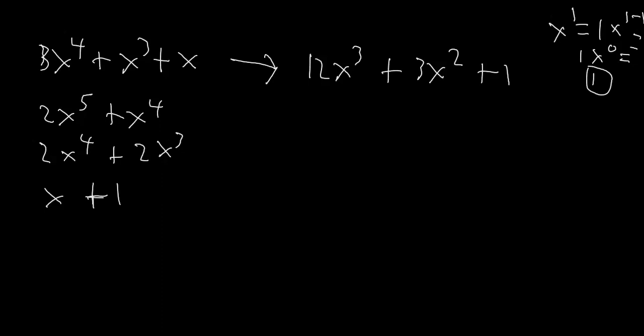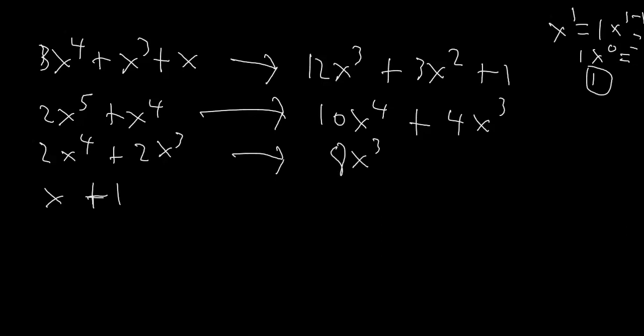And for this equation here, we just applied the power rule, right? 5 times 2 is just 10. 5 minus 1 is just 4. So this is 10x to the fourth power plus 4 times x to the third power. Now we do 8 times x to the third power plus 6 times x to the second power.